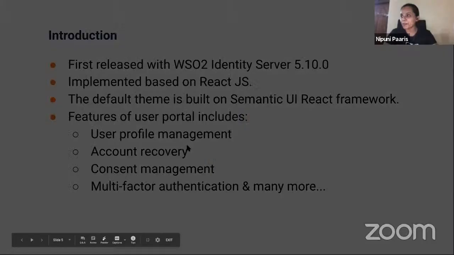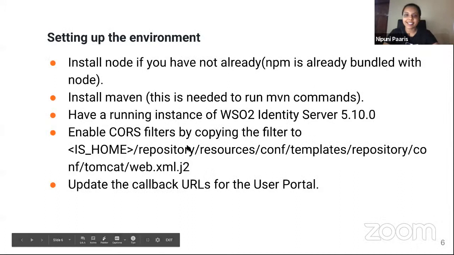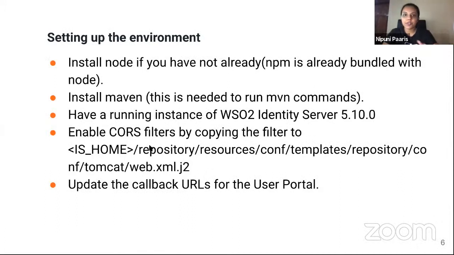Okay, so back to today's session. Before going into the customization, there are a couple of prerequisites when it comes to setting up your development environment. The very first one is to install Node.js.